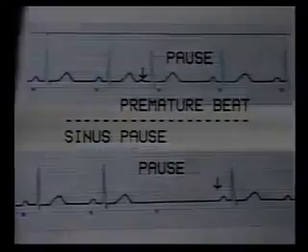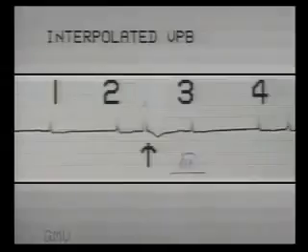Now, before we conclude this chapter, we must see two more peculiar ectopic beats. Here the arrow shows a ventricular ectopic beat. But if you study the normal QRS complex rhythm, it is unaltered. That is, this is an extra beat in addition to the normal sinus rhythm.